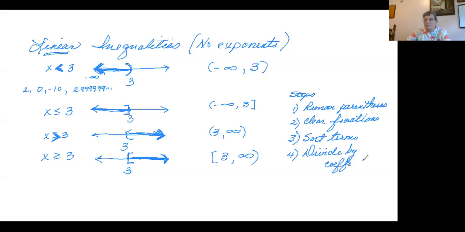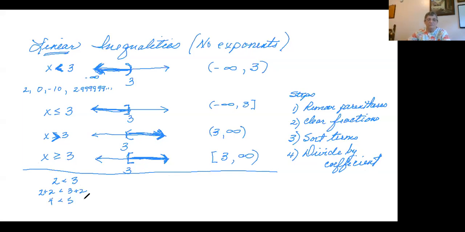Now, this is where there is a slight difference that could occur. If I had, let's say, 2 is less than 3. Everybody agrees with that, right? If I add 2 to both sides, if I say 2 plus 2 is less than 3 plus 2, then I've got 4 is less than 5, which is still true.